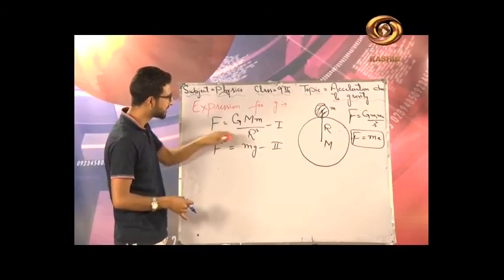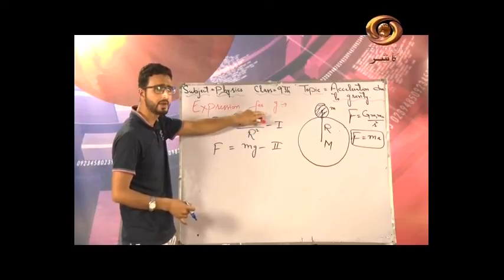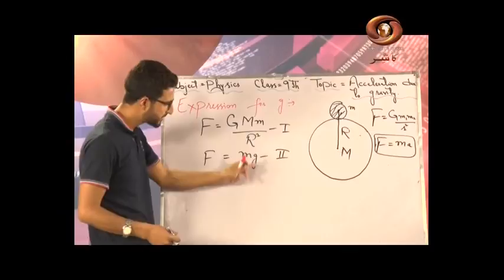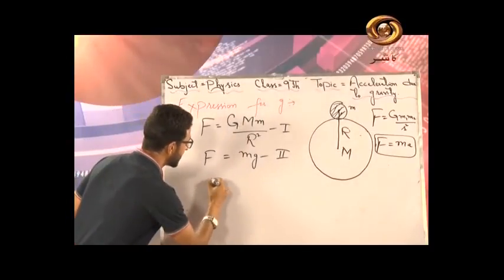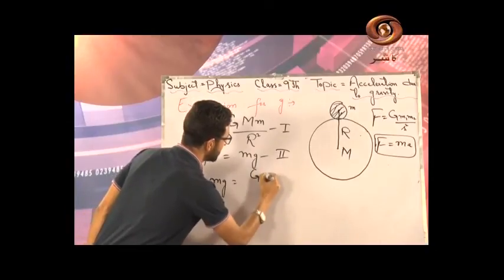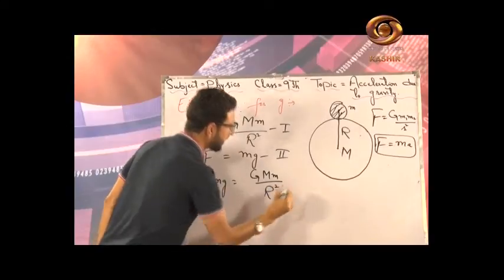On the LHS of these two equations, you can see the same force. I used the universal law of gravitation here, and Newton's second law here. Since F is the same, from the first and second I will get mg is equal to G capital M small m divided by r square.